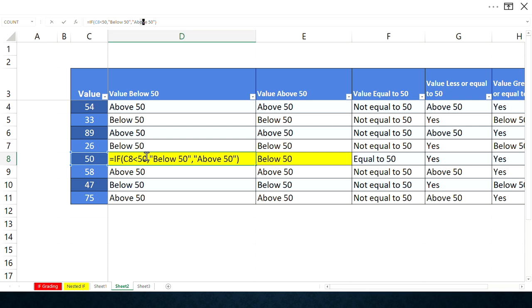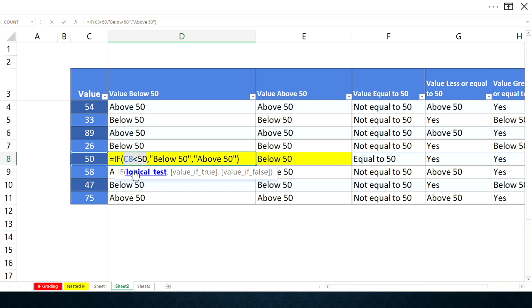We have only one condition here, but instead we're supposed to have three conditions: for values that are above 50, values below 50, and values that are equal to 50. There's one value equal to 50. So we should cater for greater than, less than, and equal. Three situations.